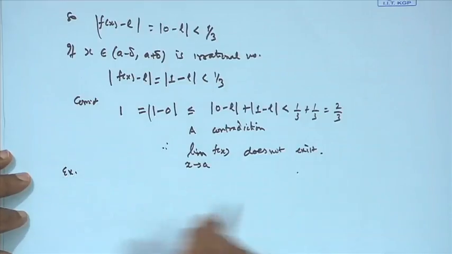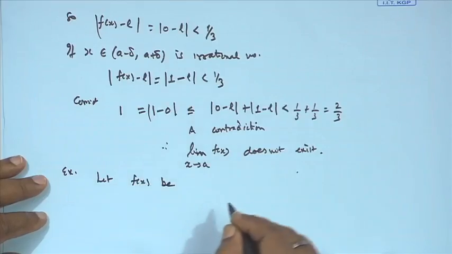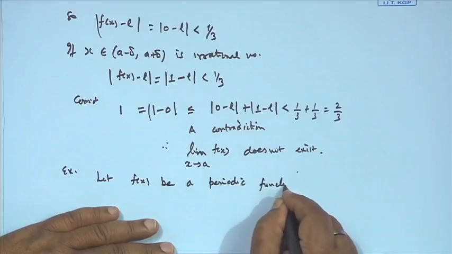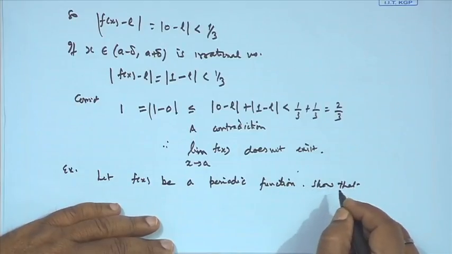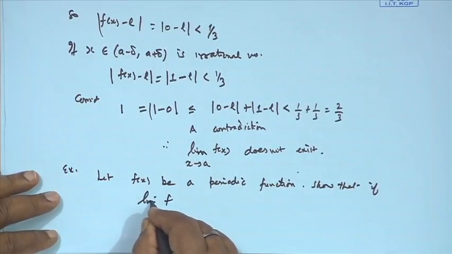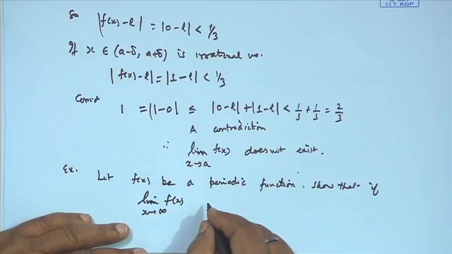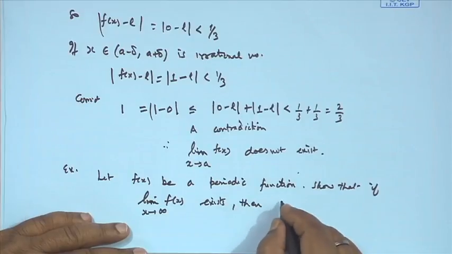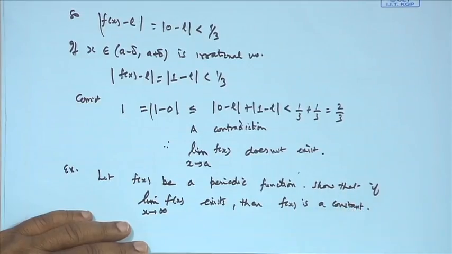The next exercise: let f(x) be a periodic function so that if the limit of the function f(x) when x tends to infinity exists, then f(x) is a constant function.